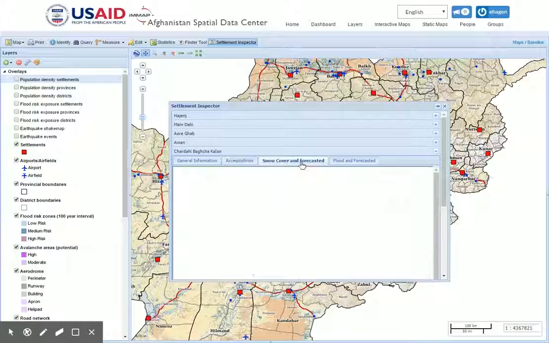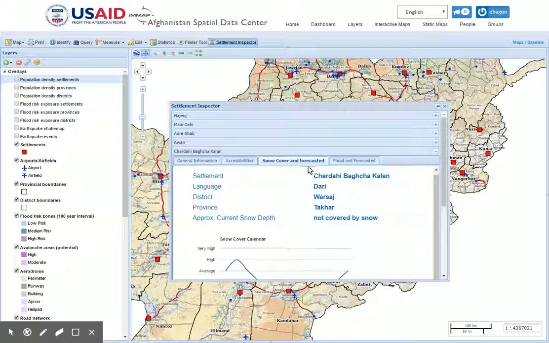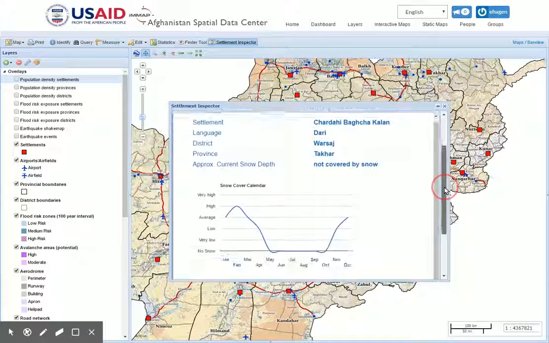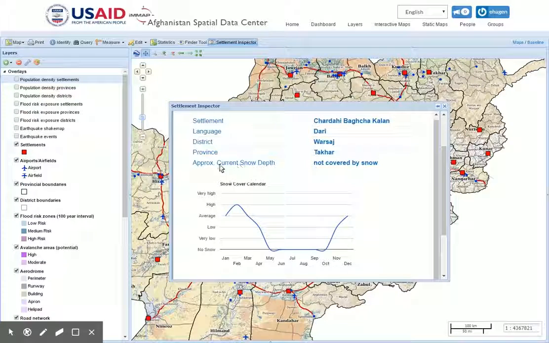When we scroll up, we can find information about snow cover. At present, this village is not covered by snow. If there would be snow, it would probably say something like the snow depth is between 25 and 75 centimeters. And in this graph, you can see that in January, there's an average expectancy of snow occurring in this village.